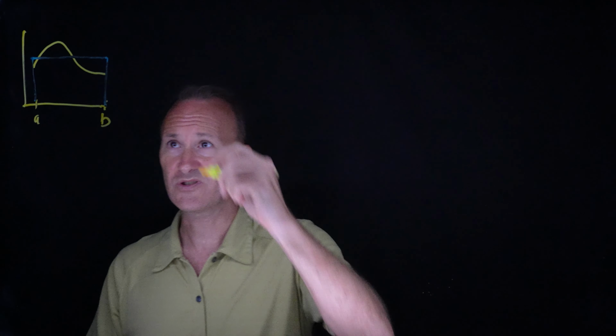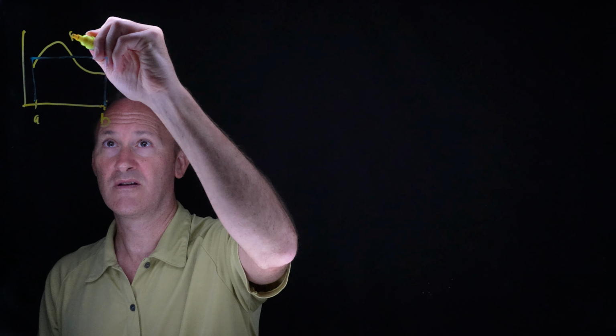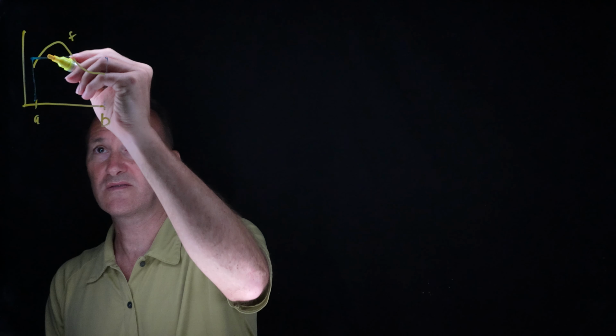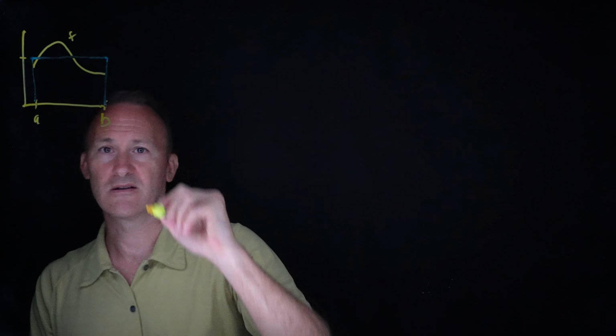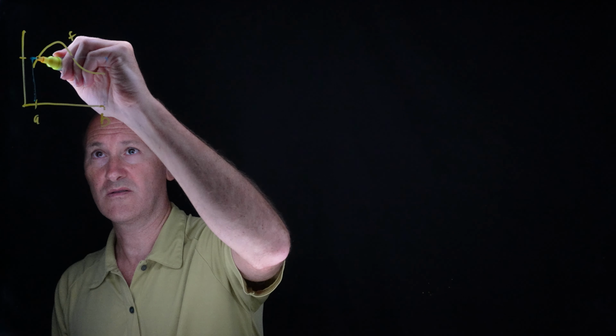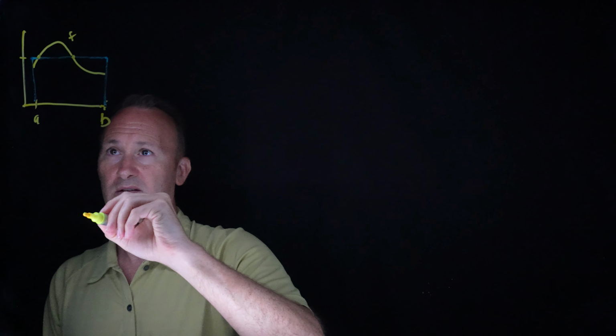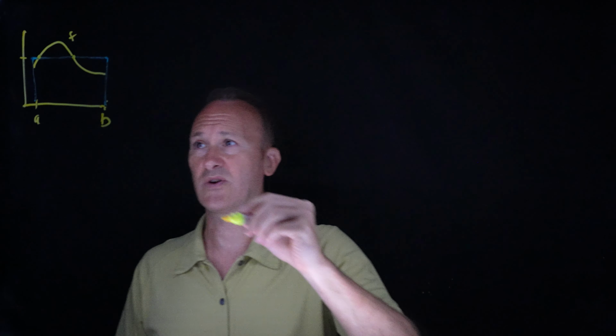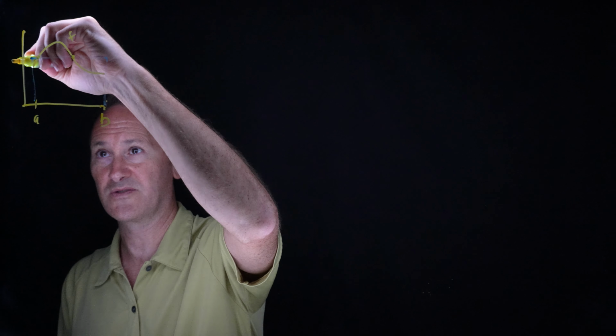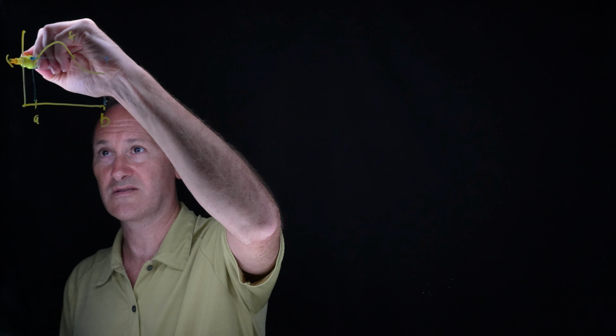Okay, so we have this function f, and what is the height of the rectangle? Interestingly, there are 2 points on the curve, and we could call one of those points c, and the point is that there exists one of those such that this height is f of c.